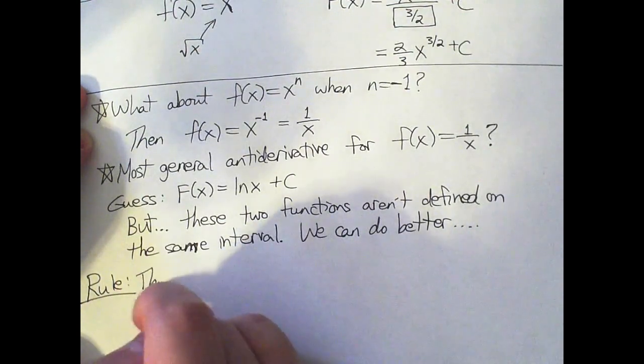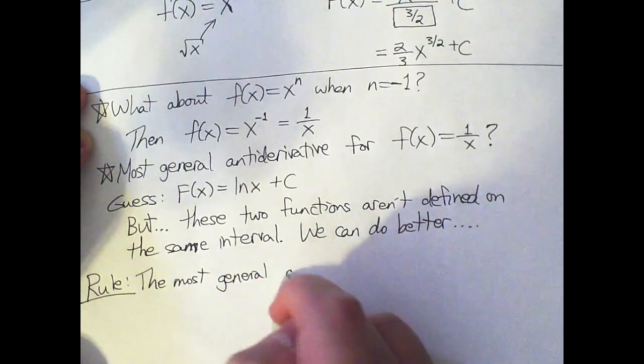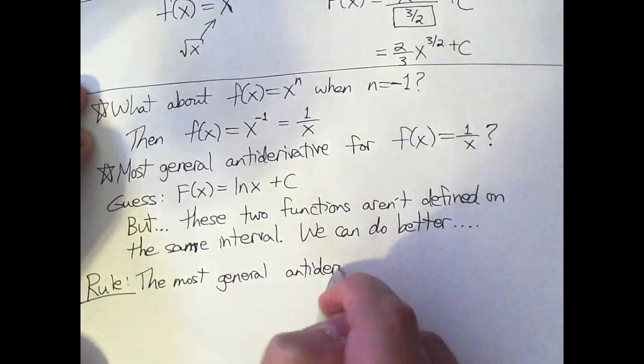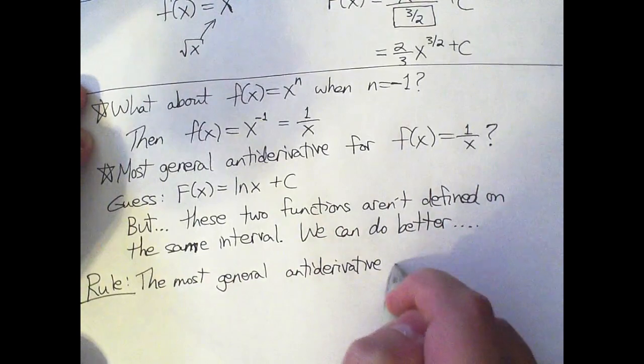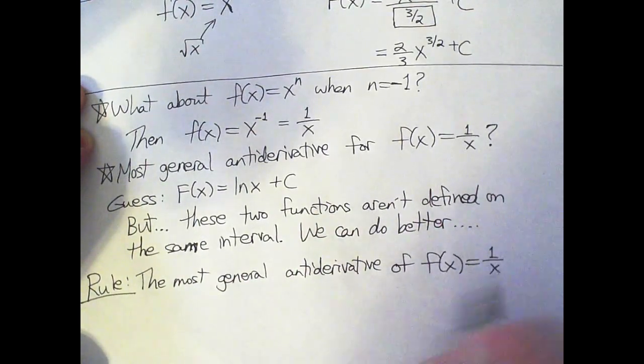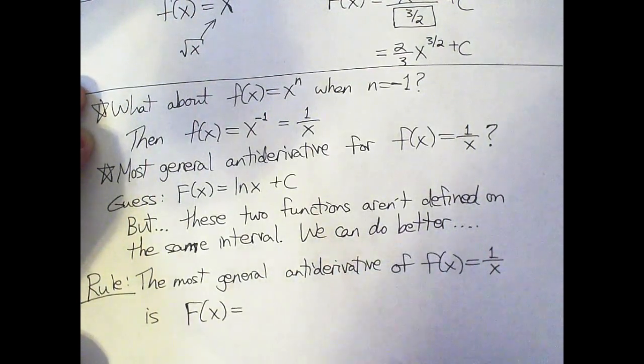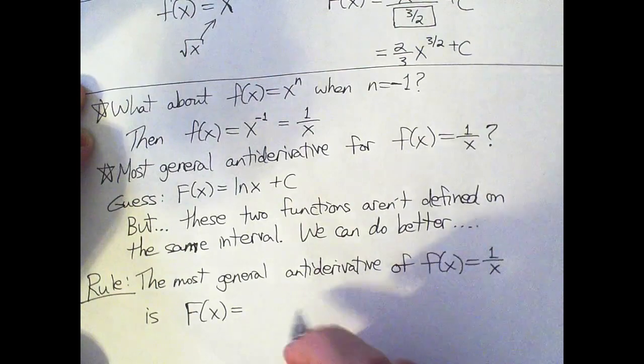Rule: the most general antiderivative of 1 over x is... How are we going to fix this issue with negative numbers?